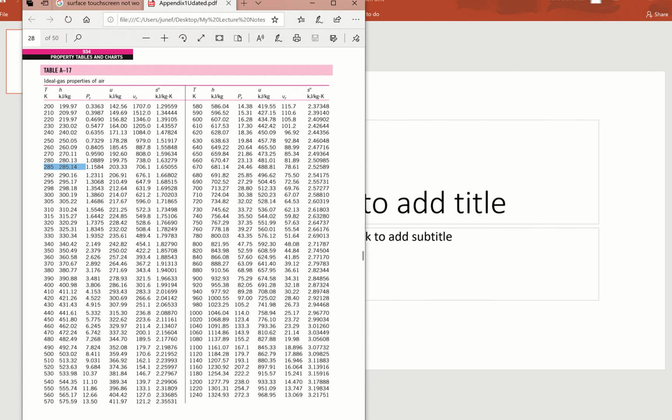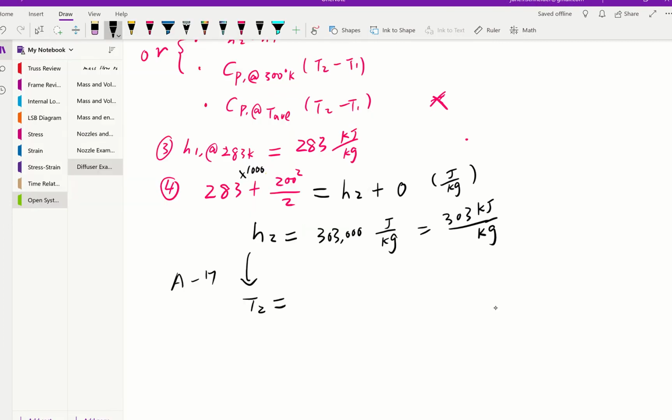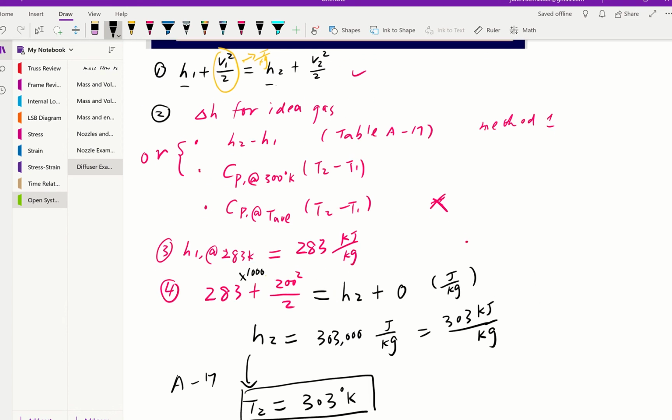I'm looking at the h value, which is 303, and what's the corresponding temperature? Again, we estimate the temperature to be between 300 and 305, which gives us 303. Around 303 Kelvin. So that's using table A17, method number 1, we solved it.